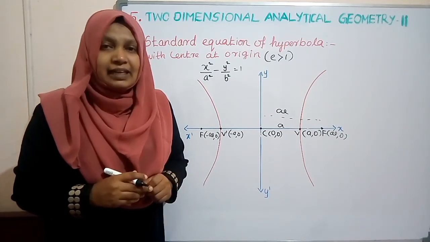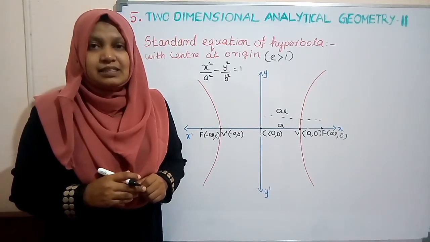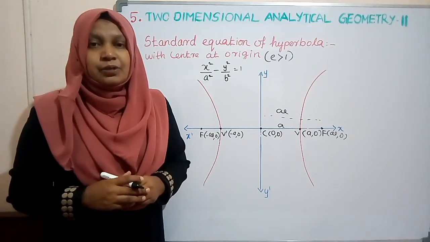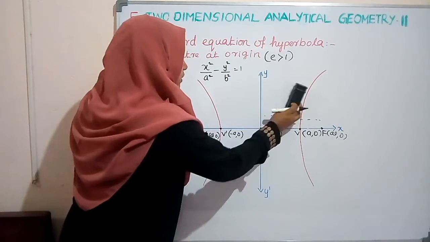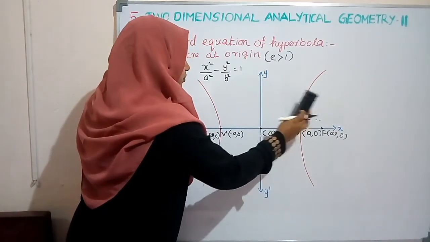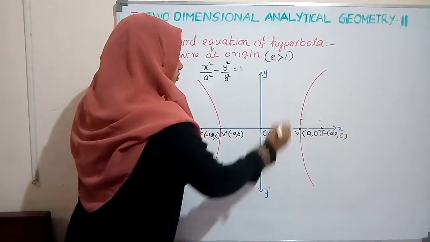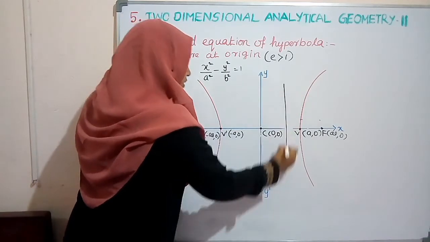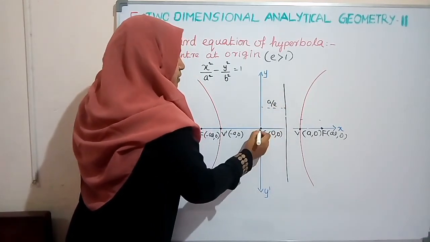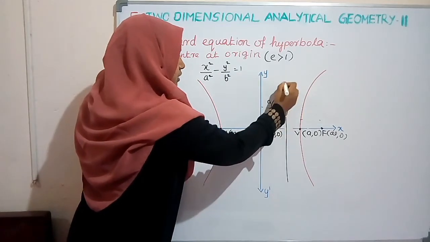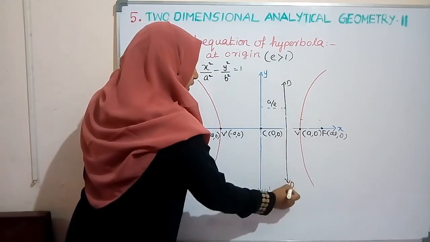And the directrices are at a distance of a by e units from the center. So here we can mark the directrices. It is at a distance of a by e units from the center. We can mark it as D, D dash.